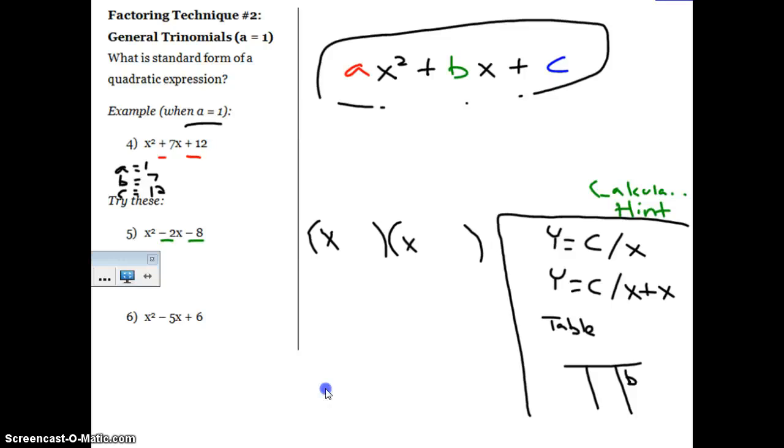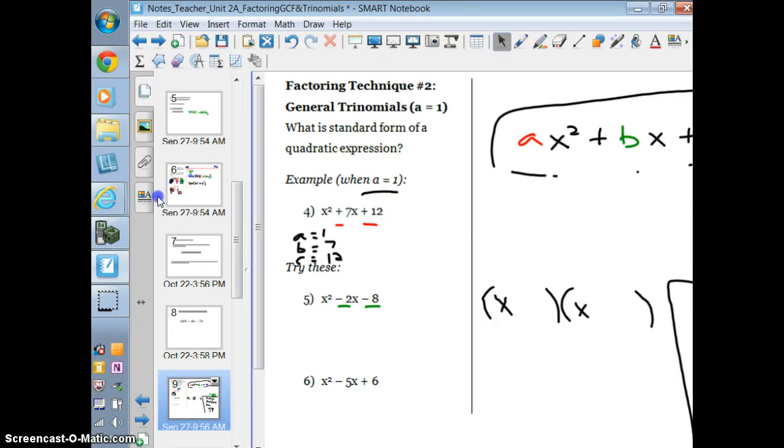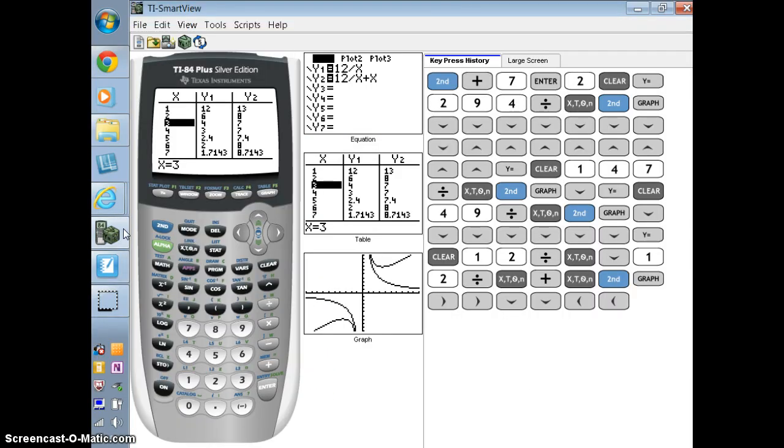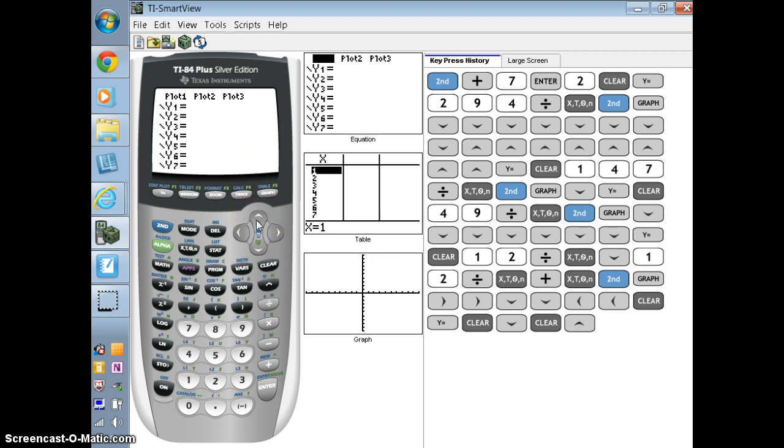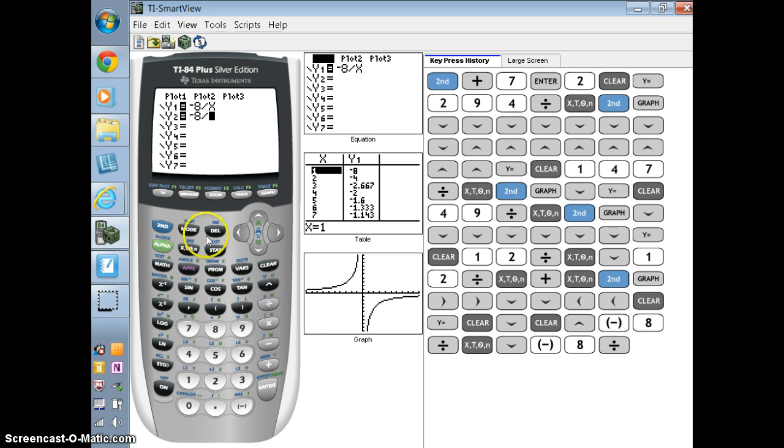So on your calculator, what you can do is go to y equals, erase what's in there, and we're going to put the c value, which was -8 over x, and then on the next line down it's going to be -8 over x plus x.